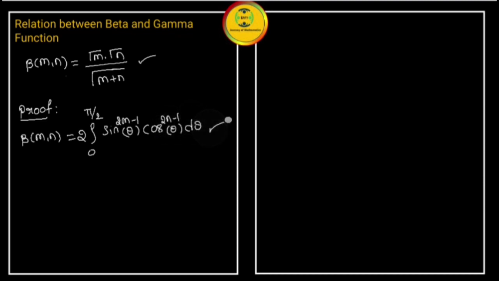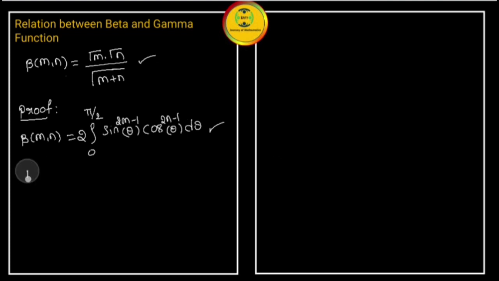As per the definition, we have beta of m comma n is equal to 2 into integral 0 to pi by 2 sine power 2m minus 1 theta cos power 2n minus 1 theta.